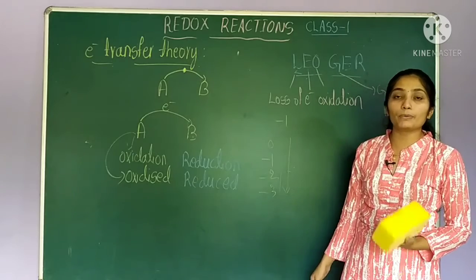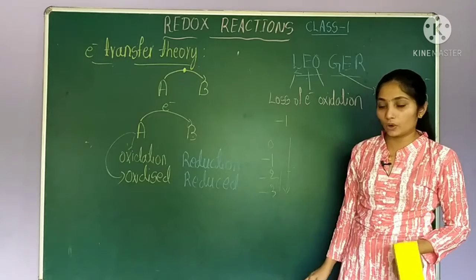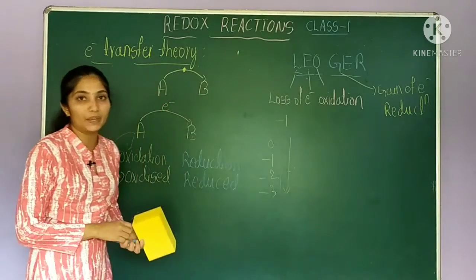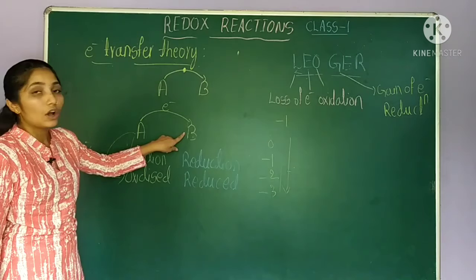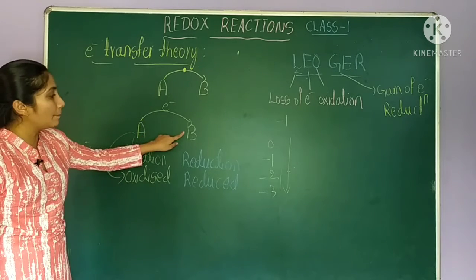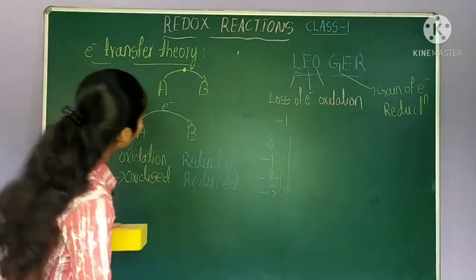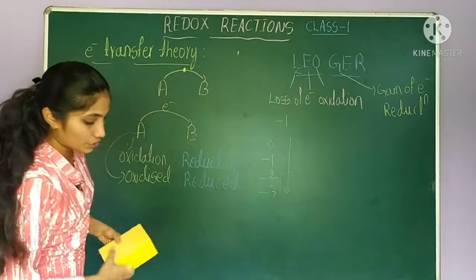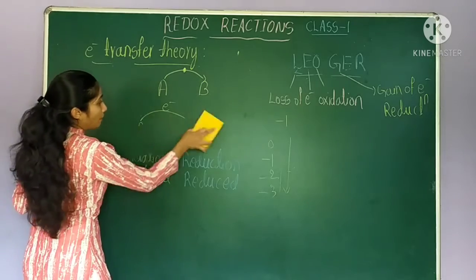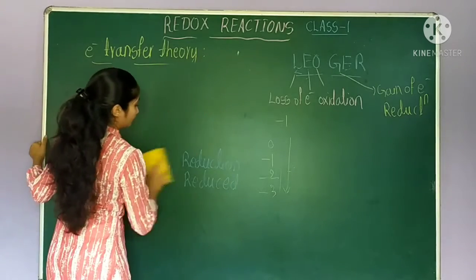Charge will decrease, so we call this reduction. So here A is transferring its electron to B. We'll say A is oxidized because it's losing its electron, and B is gaining electrons, and we say B is reduced.